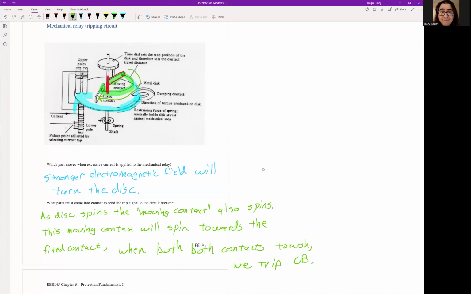Basically, as current flows in, this starts spinning, and the contacts eventually touch each other, and that's your trip circuit. Then the circuit breaker starts going and we disconnect the circuit.